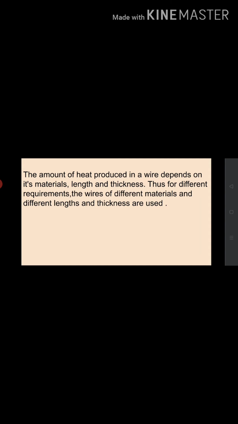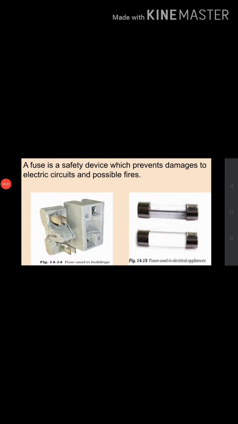The wires used for making electric circuits do not normally become hot, but the elements of some electrical appliances become so hot that they are easily visible. If a large current passes through a wire, the wire may become so hot that it may even melt and break.